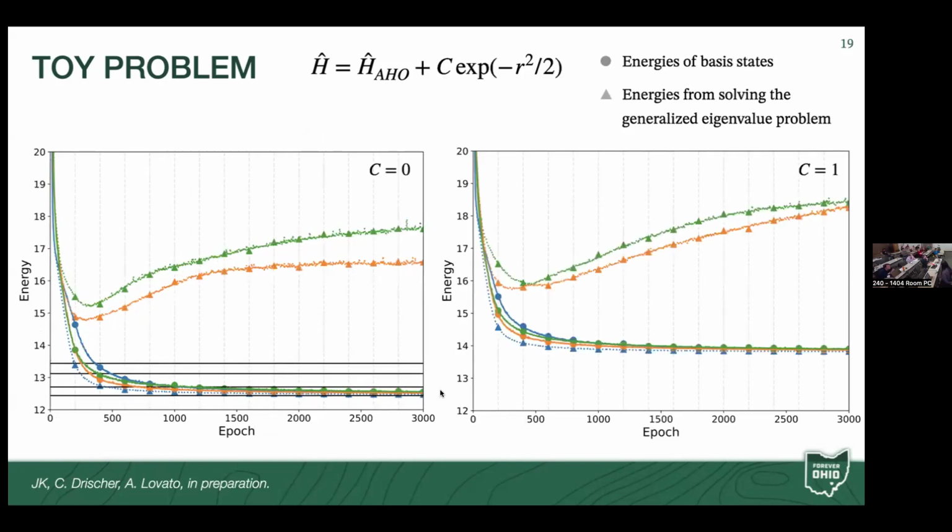I think it's this slide here. I've added an interaction: on the left-hand side is without the interaction, on the right-hand side is with an interaction. You see a very similar behavior where the basis states flow to the ground state. When I diagonalize the Hamiltonian, I end up getting a lower energy, these blue triangles, but I also get some higher energies.